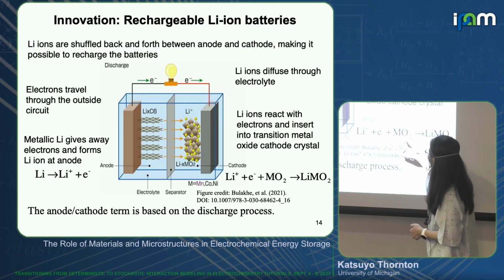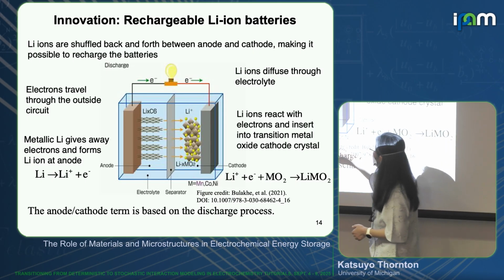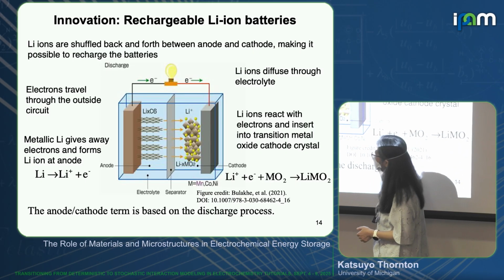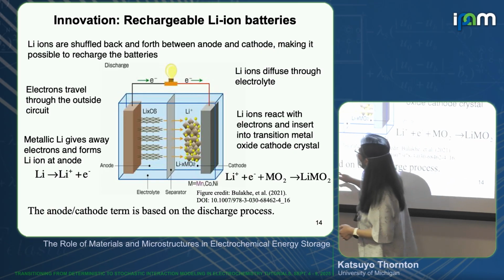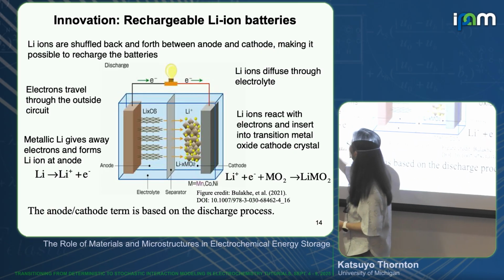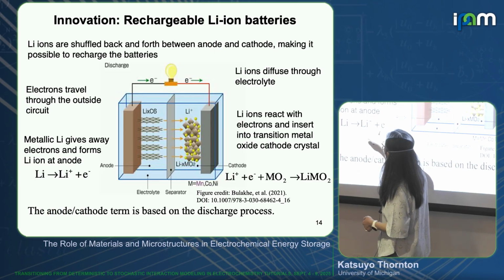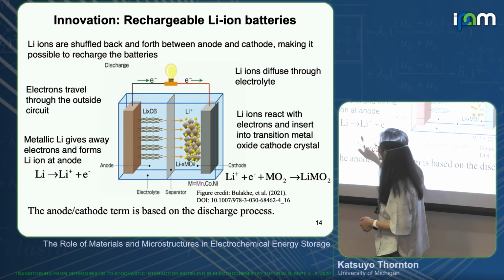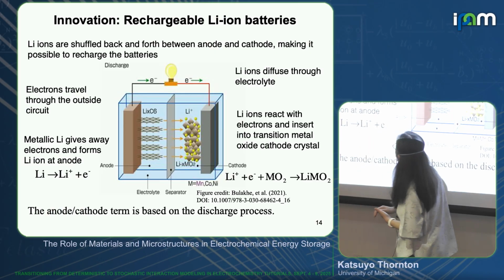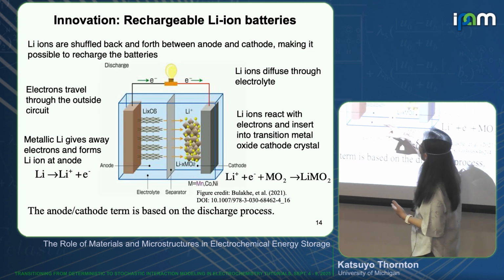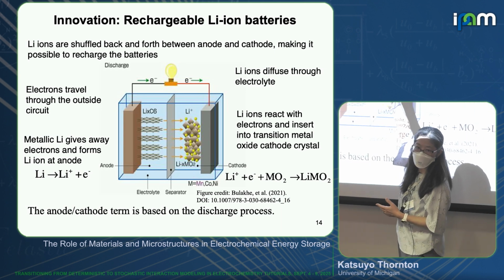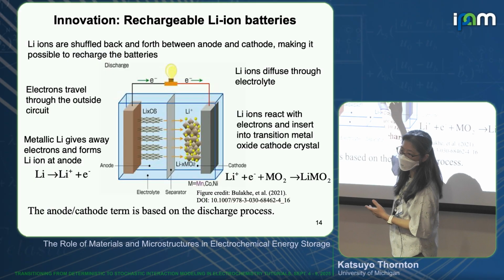So the reaction might look like this, for M being a metal like manganese, cobalt, or nickel. On the other side, you have lithium giving out electrons and becoming lithium ion. The electrons actually travel outside through the circuit.